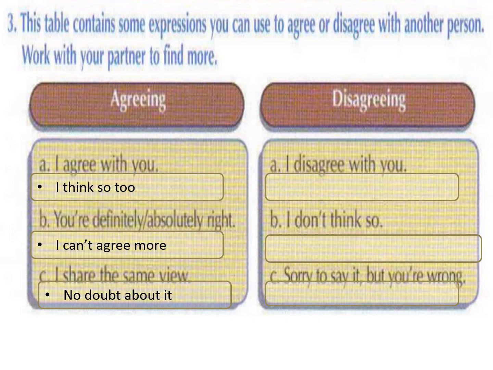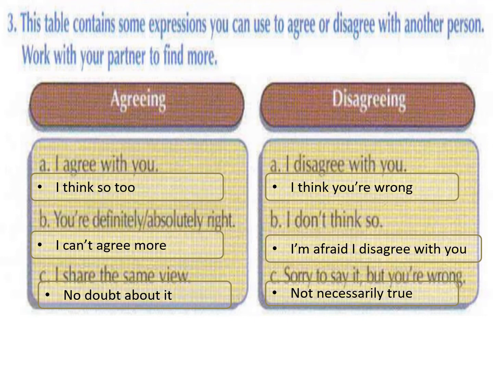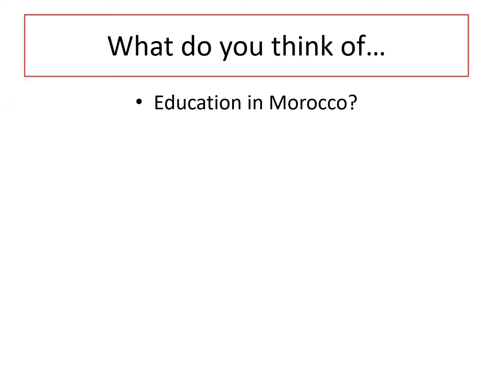Education is more important than hobbies, for example. I don't think so. Sorry to say it, but you're wrong. You may also say, I think you're wrong. I'm afraid I disagree with you, or not necessarily true. These are just expressions to show that you agree or disagree about a certain opinion.